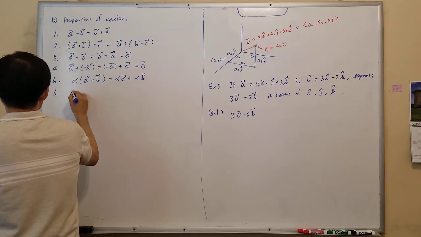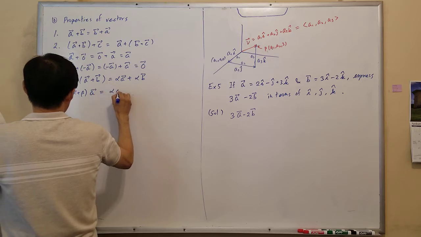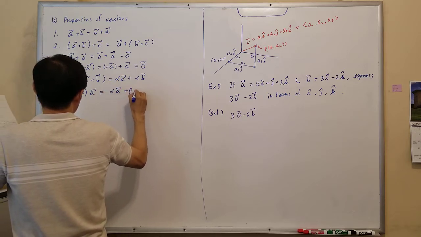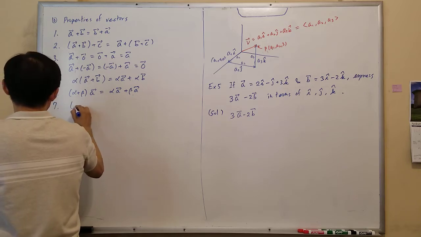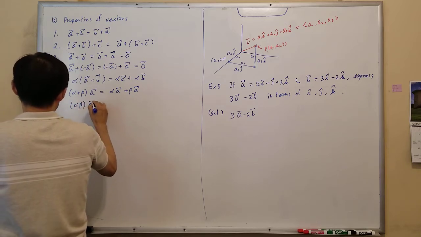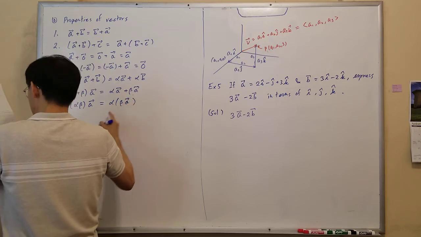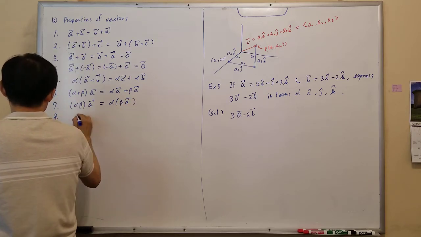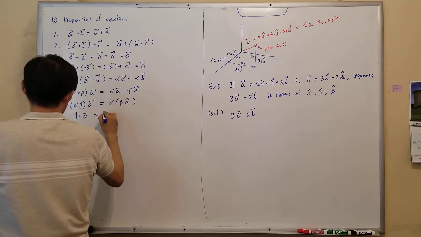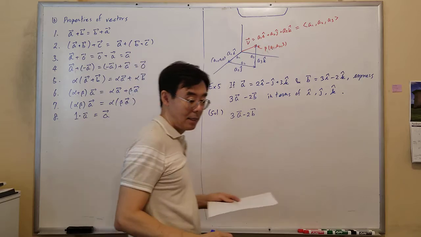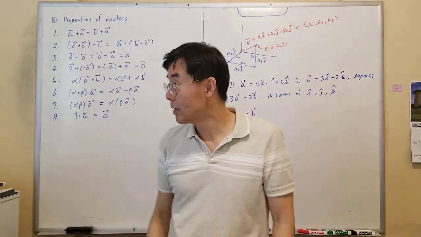Another kind of distributive property: 1 times A should be A. These are the 8 most important properties of vectors.